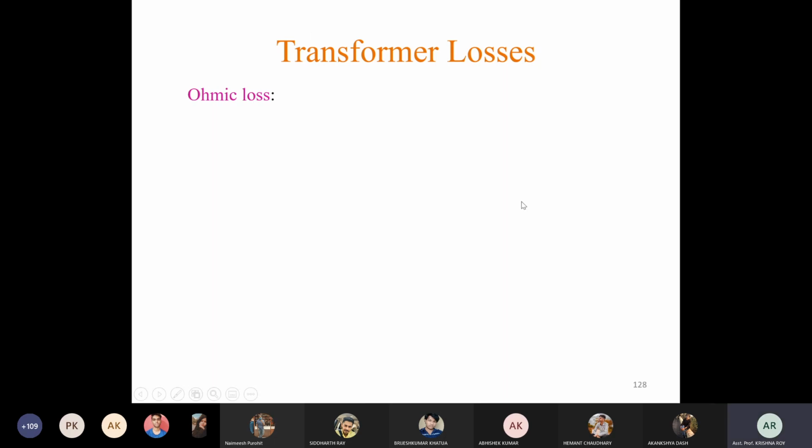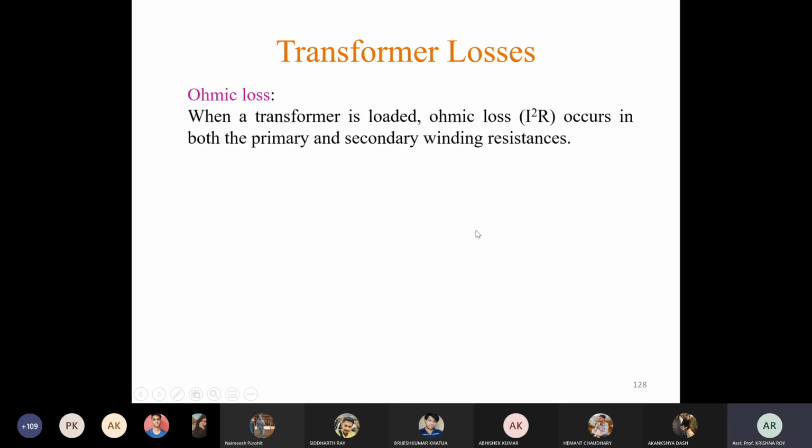Okay, next is ohmic loss. This is very simple. Whenever the transformer is connected to some load, there will be some current flowing through the secondary winding, and the secondary winding has some resistance, so there will be some I square R loss. When the transformer is not loaded there will be no ohmic loss in the secondary side.